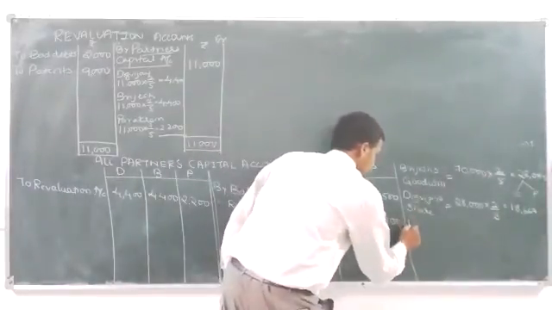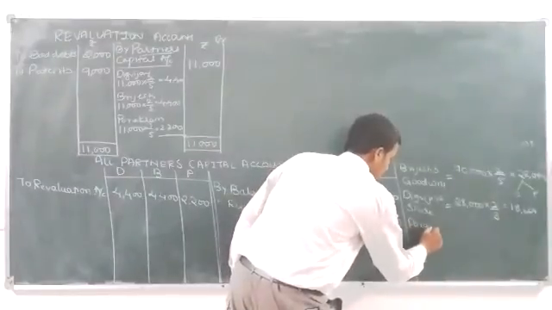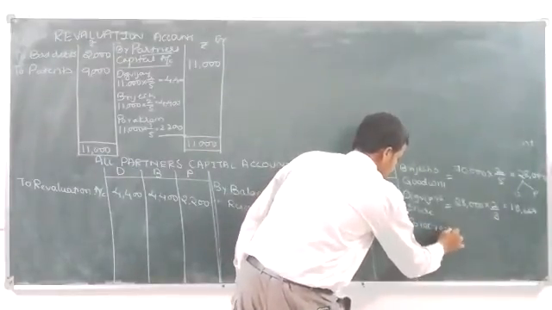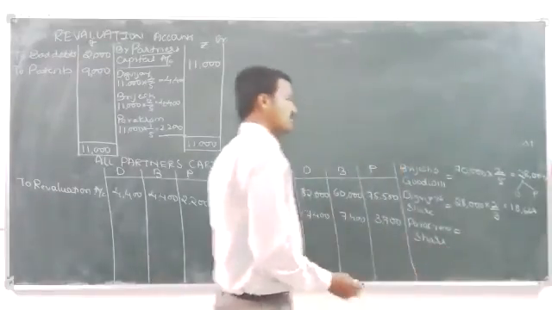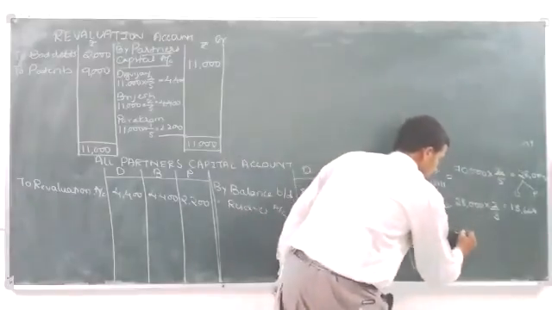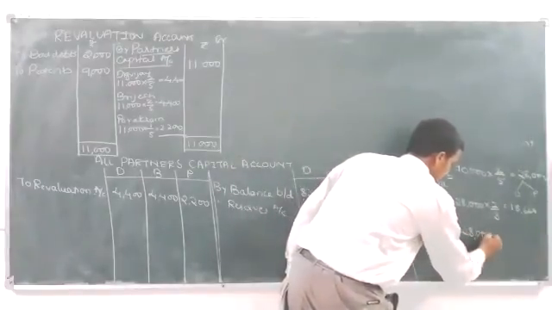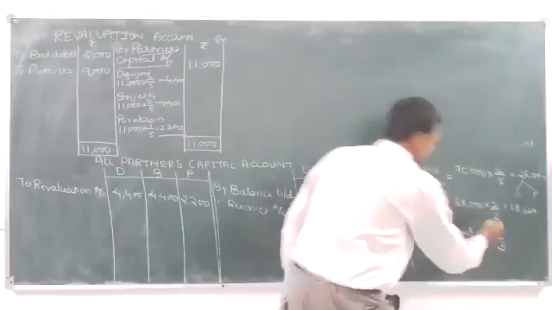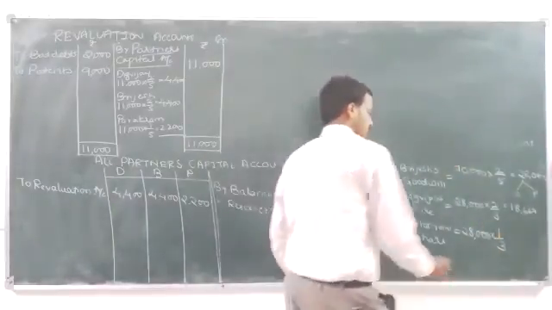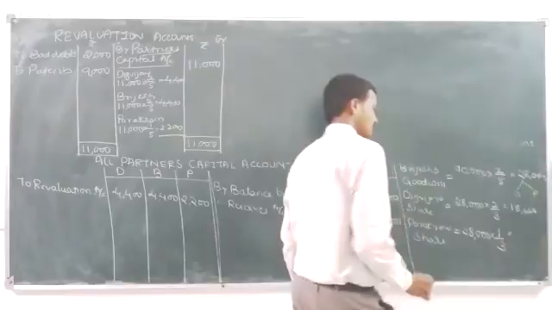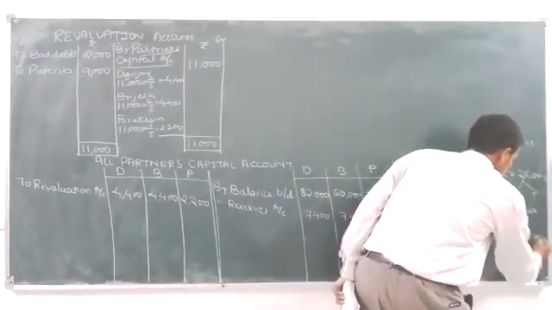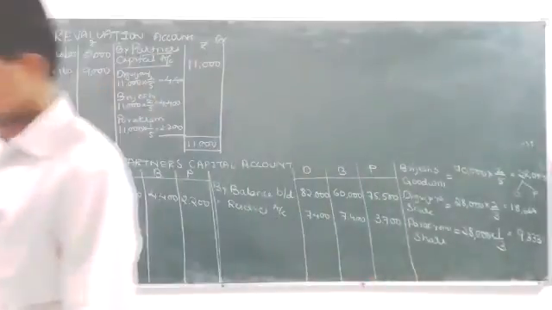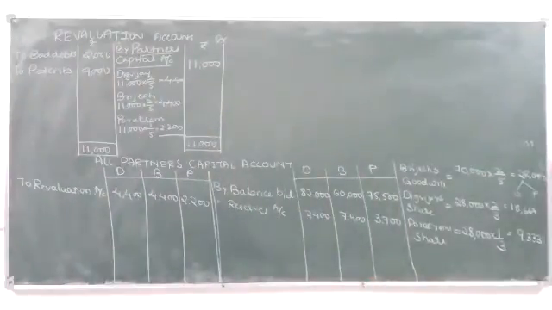And Parakram's share is equal to 28,000 into 1/3. That comes to 9,333.